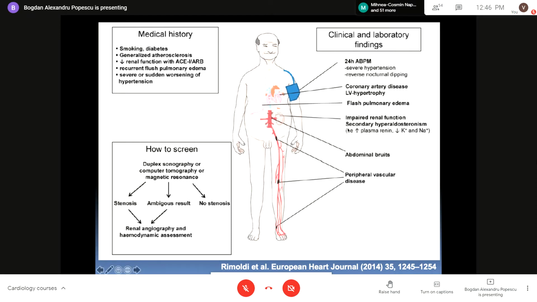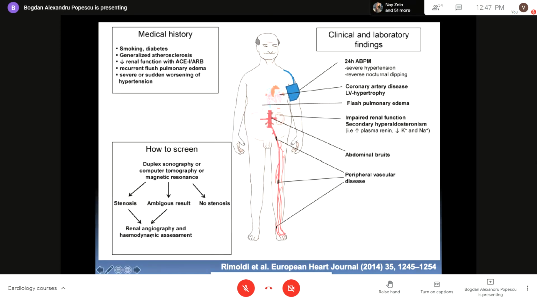So in fact, you have some suspicions based on a combination of these factors, and then you decide to screen for renal artery stenosis. Usually you do ultrasound, a duplex sonography. Of course, you can also do other sorts of imaging like computed tomography or MRI, and you can directly find a stenosis.